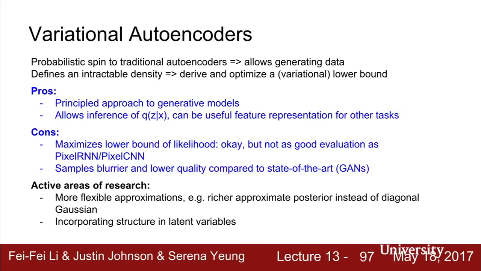So disadvantages of VAEs are that we're maximizing the lower bound of the likelihood, which is okay. In general, this is still pushing us in the right direction, and there's more theoretical analysis of this, so it's doing okay, but it's maybe not as direct an optimization and evaluation as the PixelRNNs and CNNs that we saw earlier.